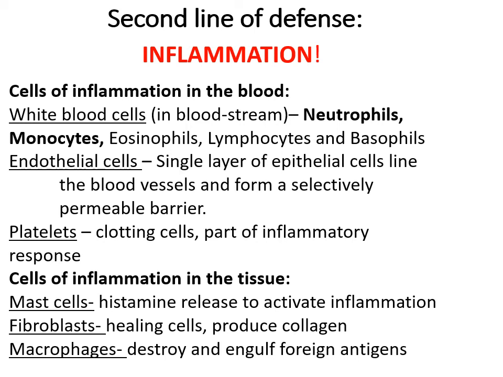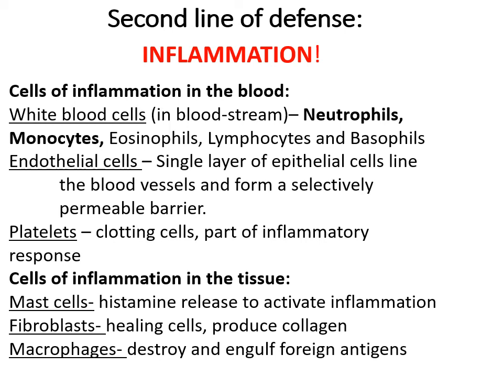Okay. Endothelial cells are just the inner lining of the blood vessel, right? And they can be affected by chemicals such as histamine. And histamine can cause the blood vessels to dilate and become more permeable, so more leaky, allowing fluid and cells to enter the area that's been injured.